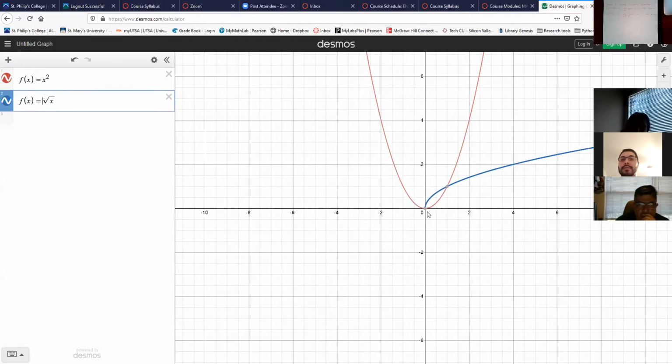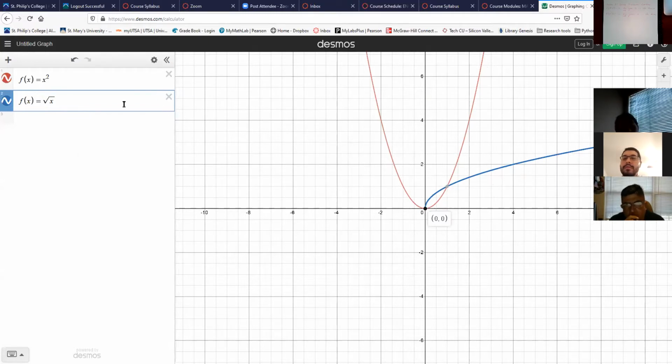So these are inverses, but you have to restrict the original. If we were to cut off, let's say I don't look at anything to the left, just from here to here, so 0 to infinity, this function has an inverse that does this. So you have to restrict the parabola in order to define an inverse function.